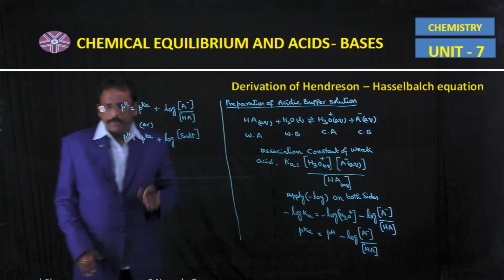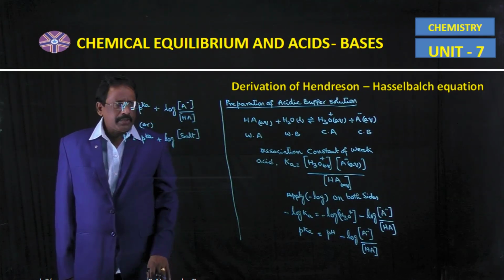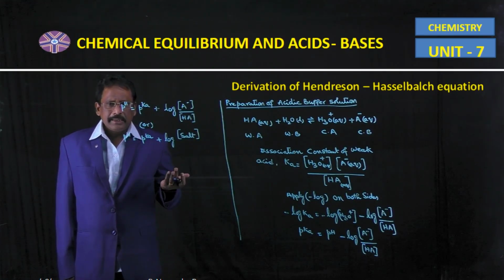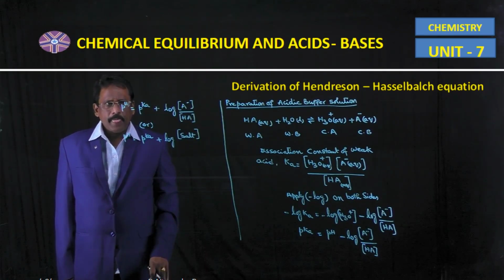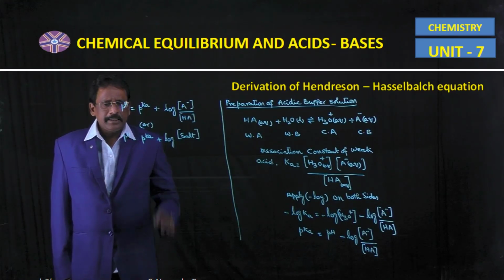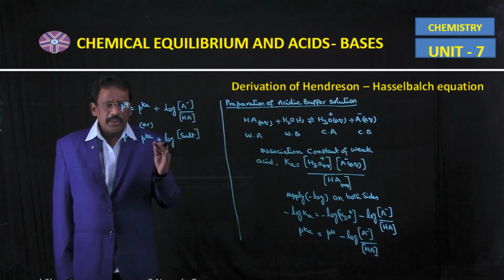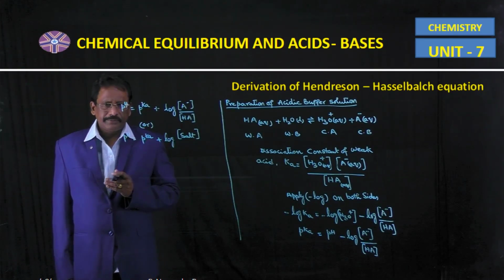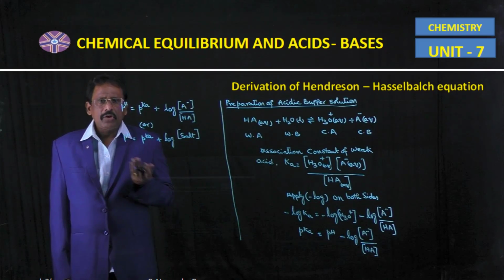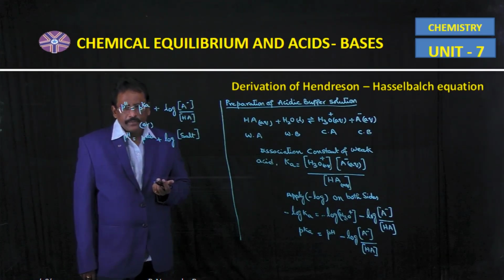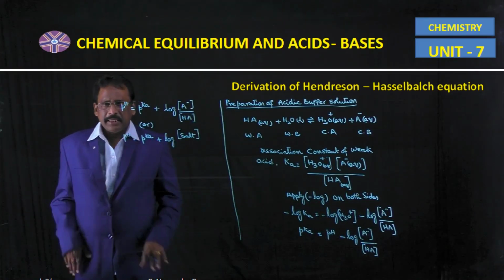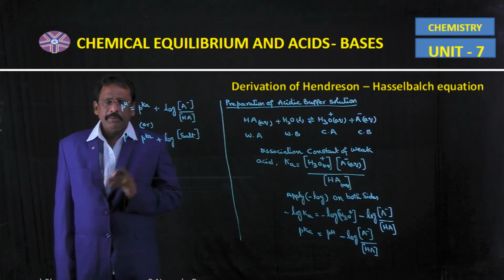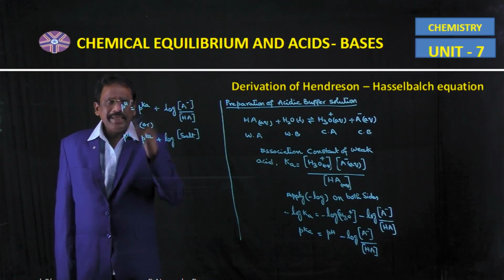Suppose you want to prepare an acidic buffer solution containing acetic acid and sodium acetate. Acetate ions are produced more from the sodium acetate salt because it is a strong electrolyte. From acetic acid, fewer acetate ions are produced because it is a weak acid.